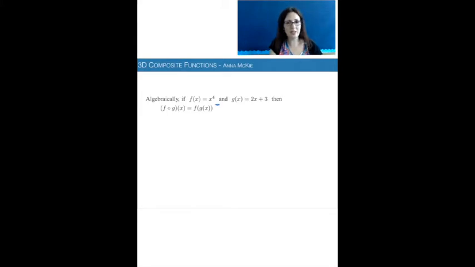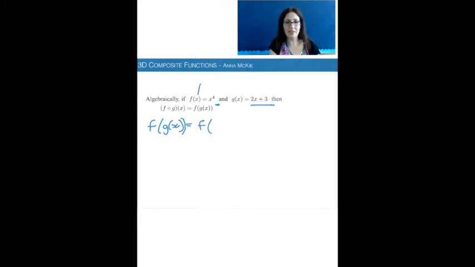If f is x to the power of 4 and g is 2x plus 3, and we're asked to calculate f of g of x, I would write f of g of x, this will be written out neatly shortly, where you see the f function.